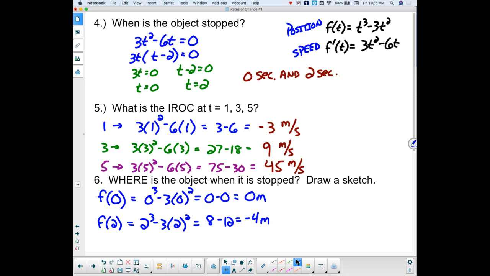That's -4 meters. So this one tells me at 0, and this one tells me at 2.